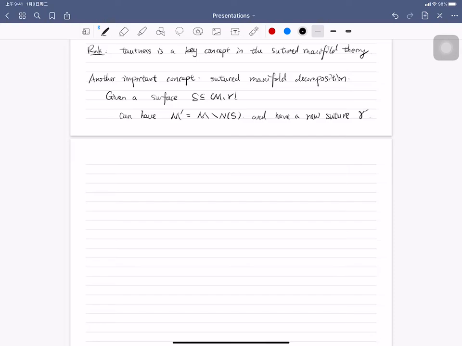Maybe let me explain the suture manifold decomposition by looking at an actual decomposition.